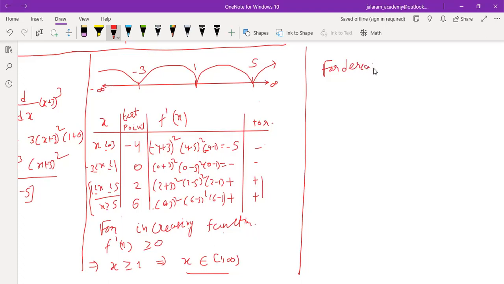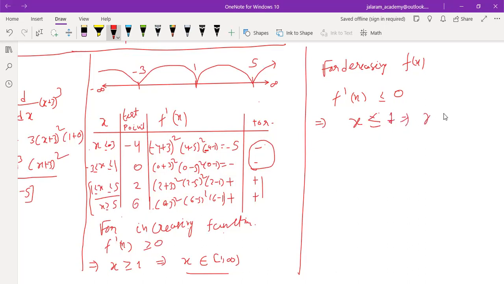For a decreasing function, f dash x must be less than or equal to 0. That is, starting from -infinity to 1, means x is less than or equal to 1.